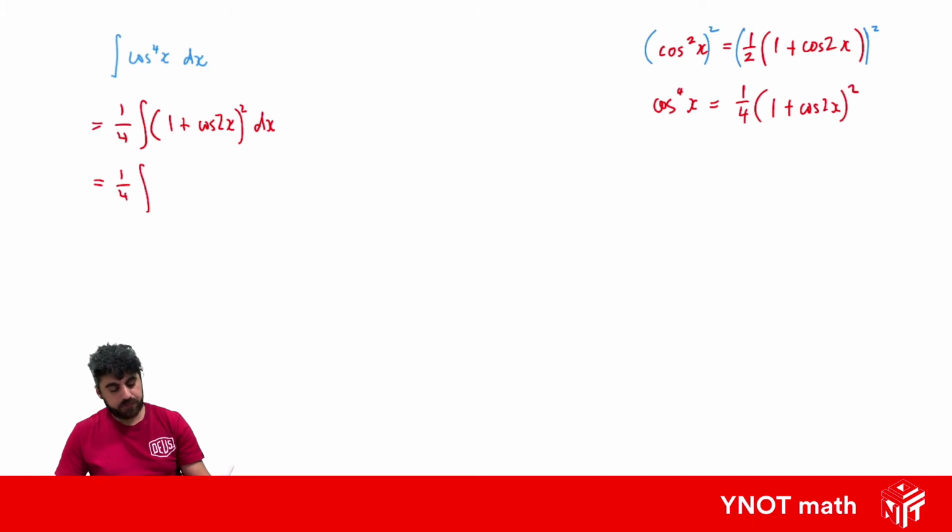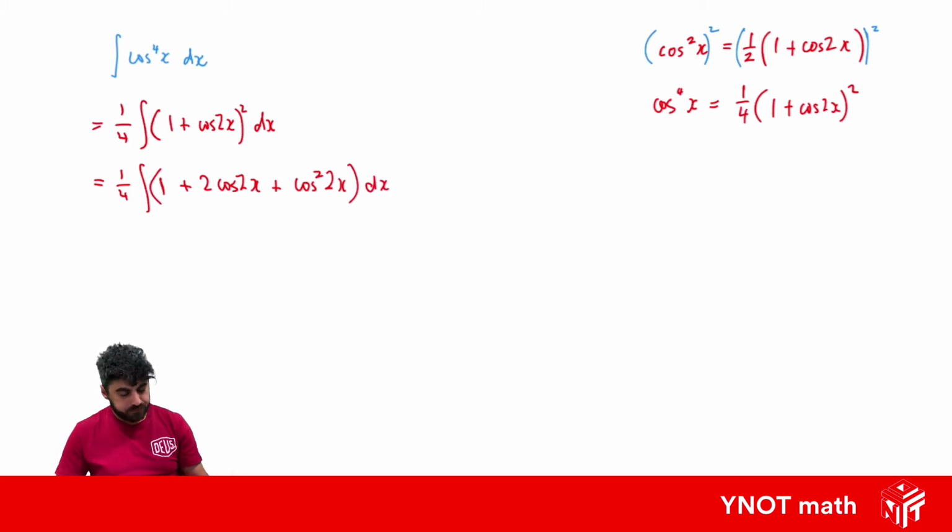So the integral, we'll square the first term, which is 1, plus double the product, so 2 times cos 2x, plus our last term squared, so cos squared 2x, all integrating with respect to x.